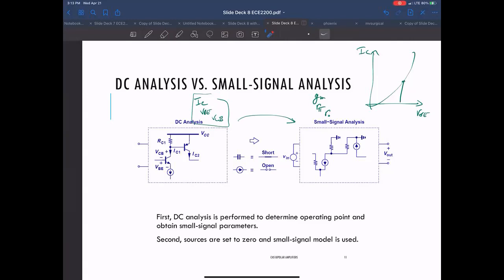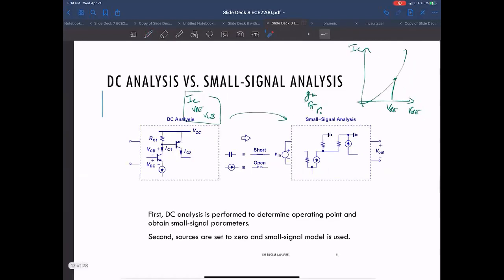Another fact about small signal analysis and large signal analysis is we're counting on biasing the circuit somewhere. For example, here, we're biasing at some voltage, and we're counting on the input not being large enough to move us far.